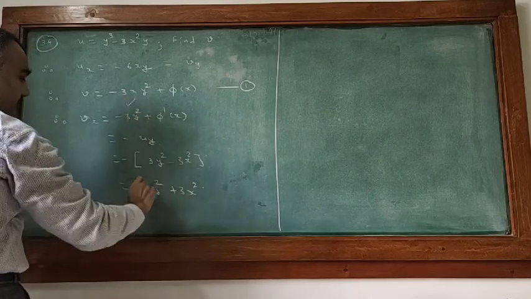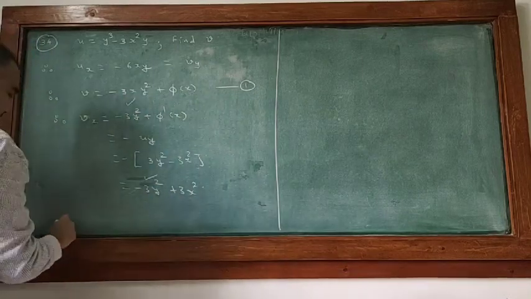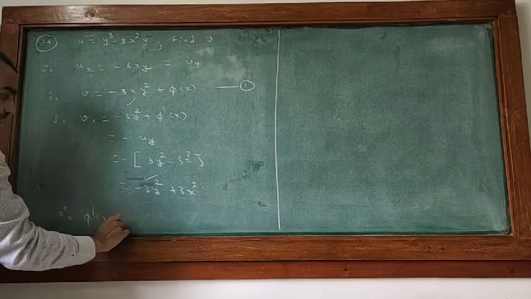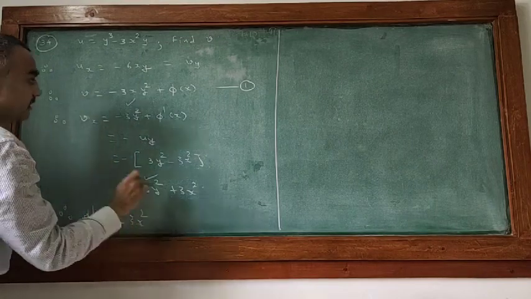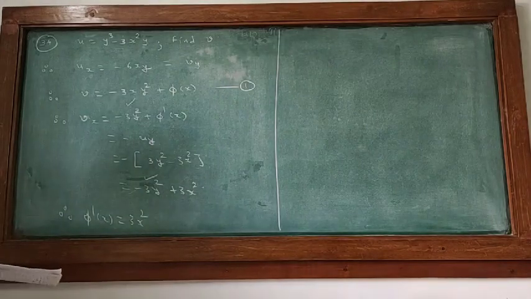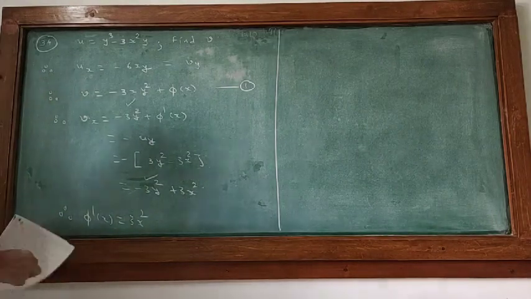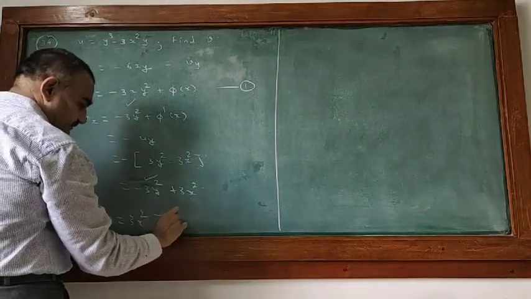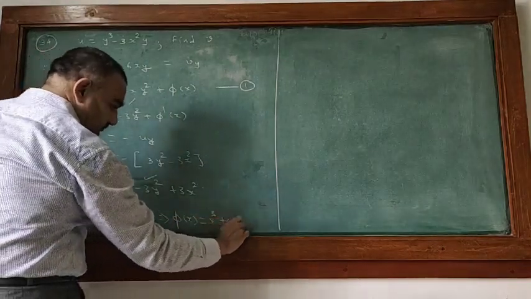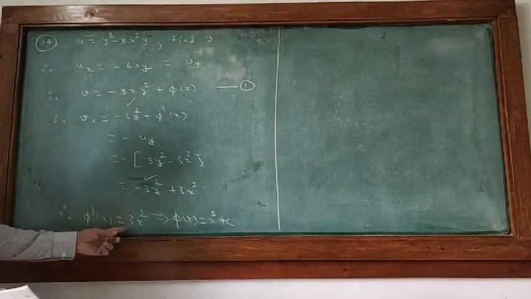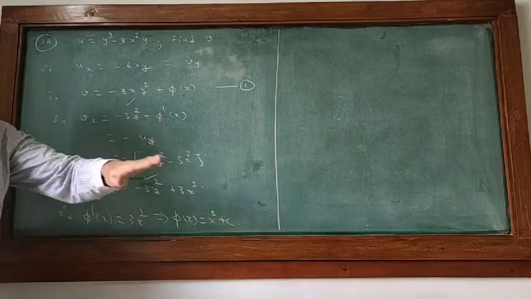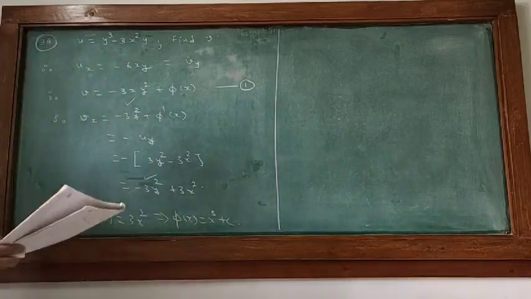So compare both of them. Phi dash x is 3x square, but we wanted to find phi x, and therefore, 3 is constant, x cube by 3, so this is x cube plus c, that is the constant of integration.